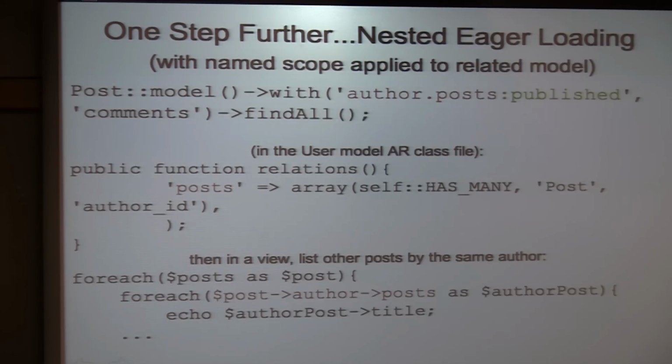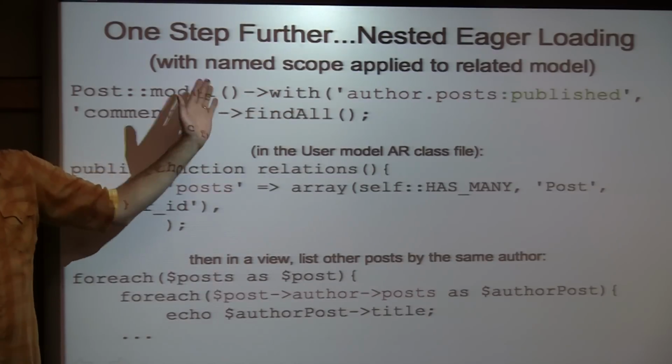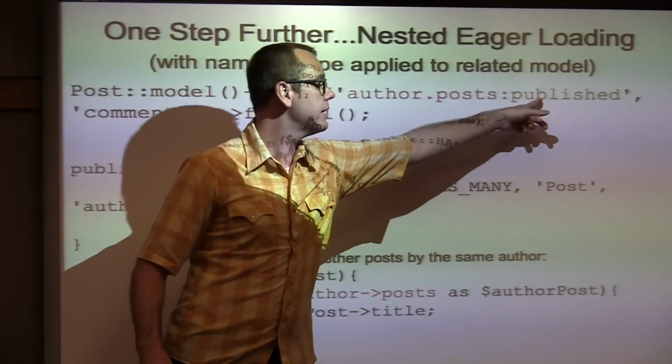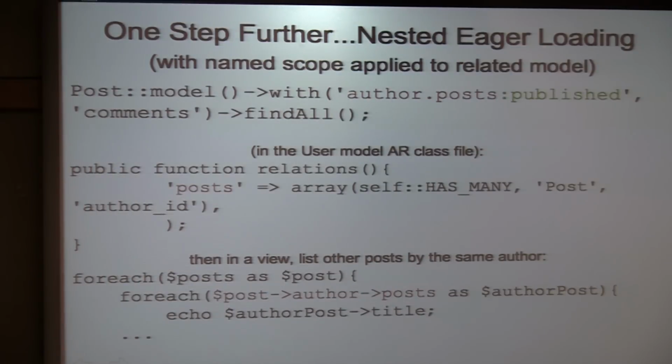And I've stuck on to that the fact that I want to make sure that those posts are published. So in this case, I didn't specify, up front here, the recently published. So I would get back all posts, regardless of not recent, not published. But as I iterated over those, and we're looking at each author of those posts and that author's posts, those would be just the published ones. And this is going to ensure that. So you've got nested eager loading, and then with a name scope applied to the related model.